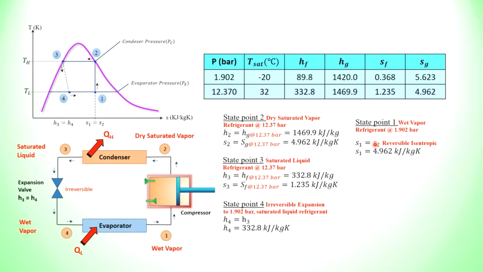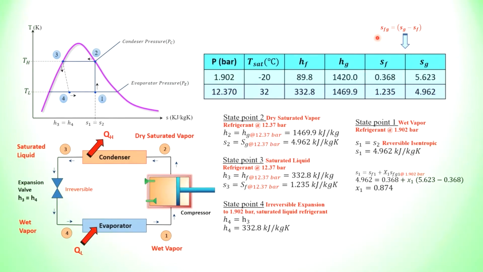So when it is wet, or a mixture of liquid and vapor, you have to find out its dryness fraction. So you use SF1, everything at 1.902 bar, SF1 is 0.368. SFG1, you take SG minus SF.